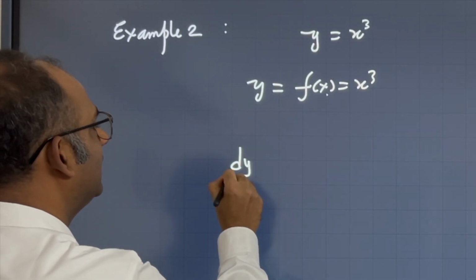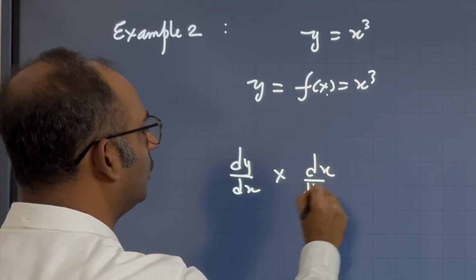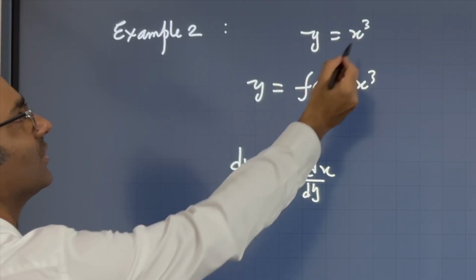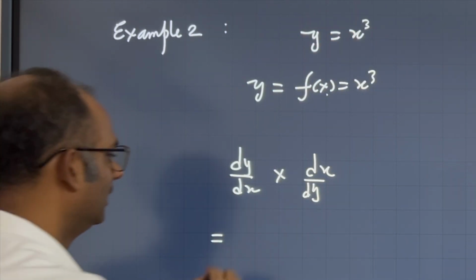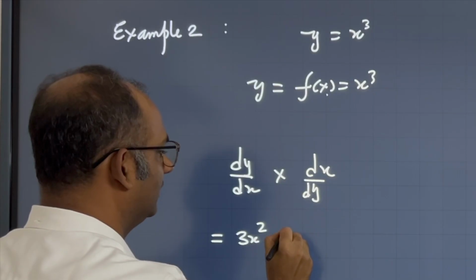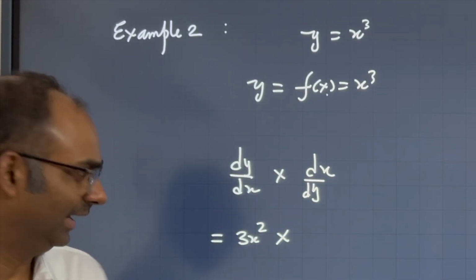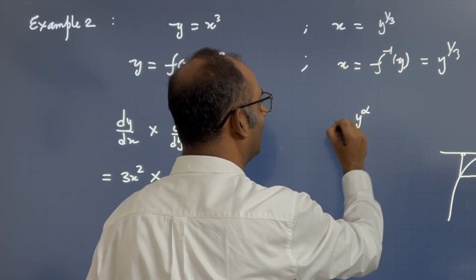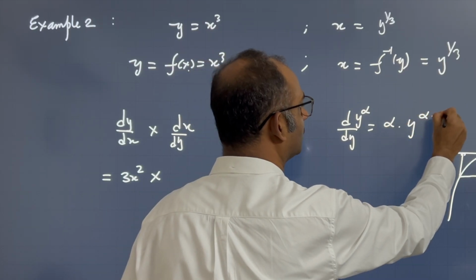So let's verify the theorem. Let's see whether dy over dx times dx over dy turns out to be 1. So what is dy over dx? What's the derivative of x cube? 3x square times. What's the derivative of y to the 1/3? So derivative of y to the alpha, d over dy, is alpha times y to the alpha minus 1, correct?